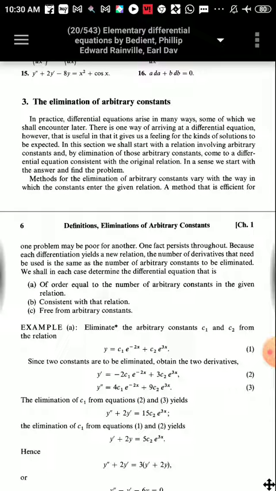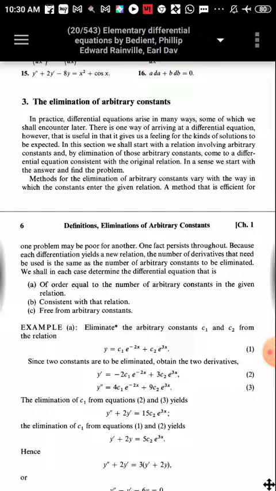In this section, we shall start with a relation involving arbitrary constants, and by elimination of those arbitrary constants come to the differential equation consistent with the original relation. In a sense, we start with the answer and find the problem.